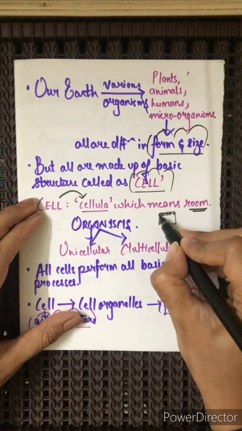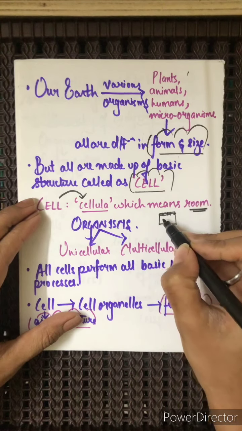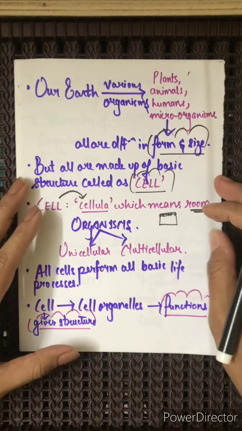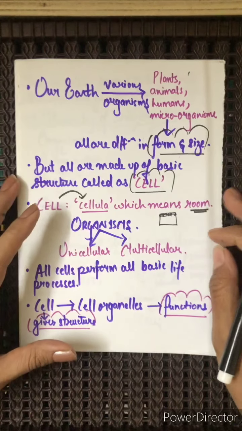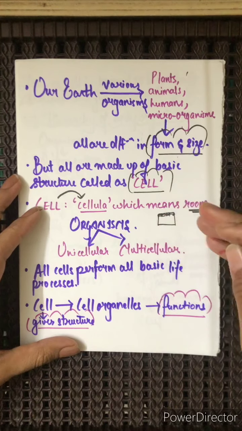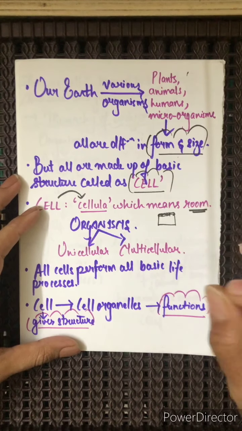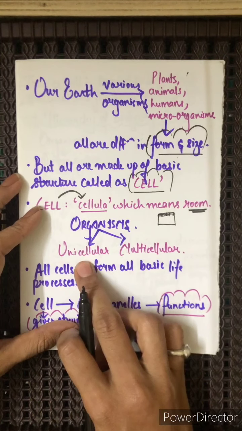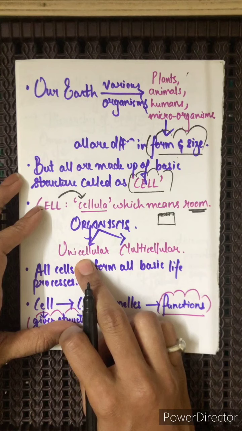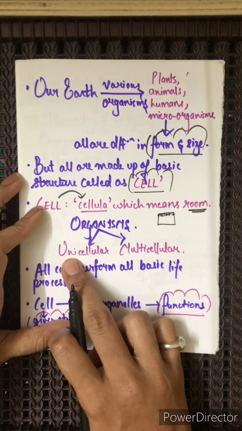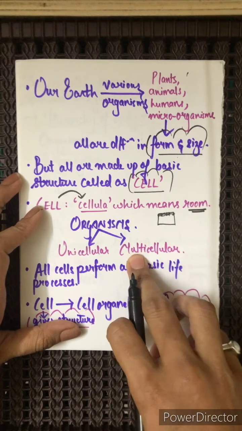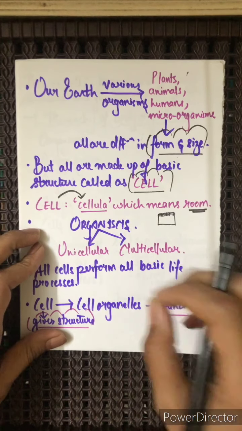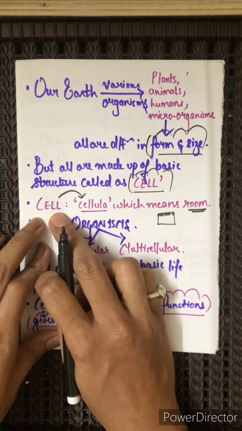So this basic unit is nothing but the cell. Similarly our whole body is constructed of many cells. So the basic unit of any organism, whether it be unicellular, that is uni, one, made up of only one cell, or made up of many cells, all of them have the basic structure which is nothing but the cell.